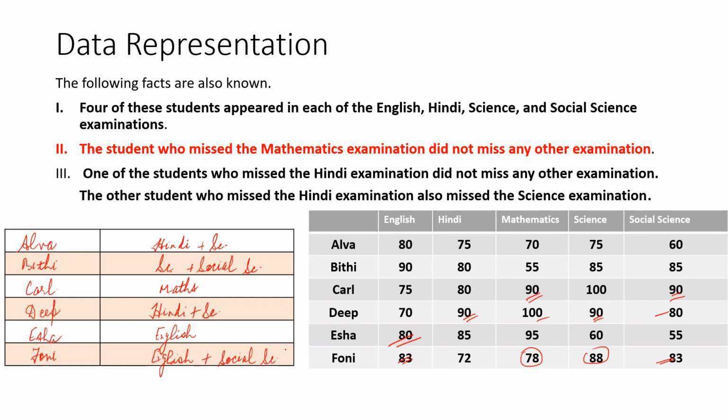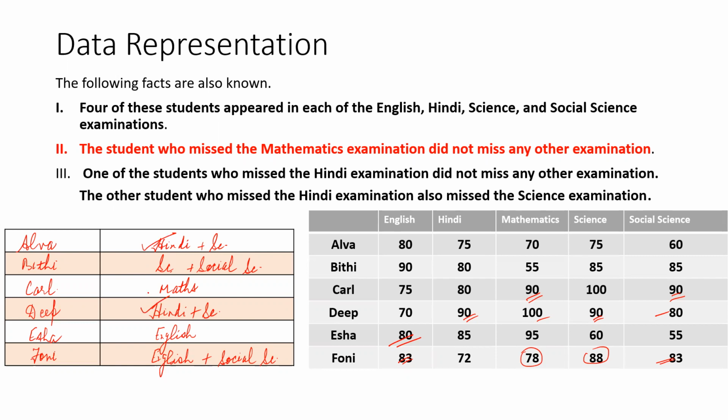Now, 4 of these students appeared in each of the English, Hindi, science, and social science examinations. The children missing on Hindi, if we look at it, are definitely Alva and Deep.